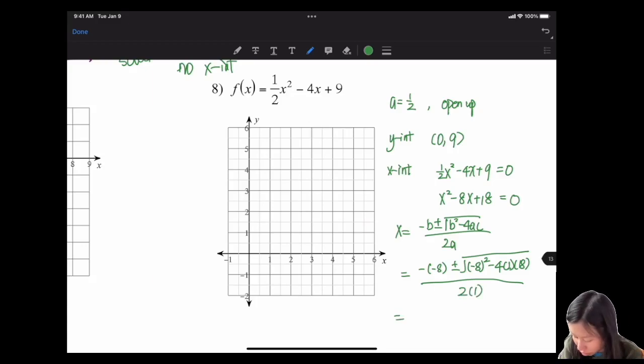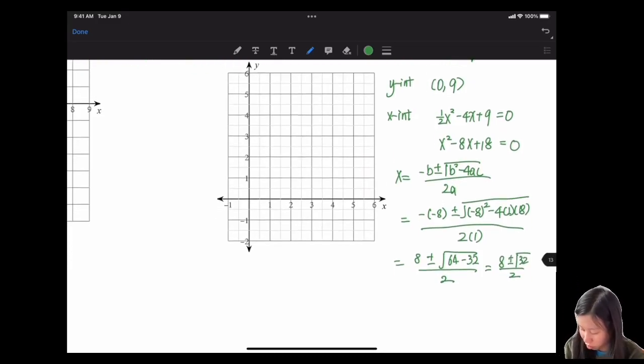So I have 8 plus or minus the square root of 64 minus 32 over 2. So I have 8 positive or negative the square root of 132 over 2.